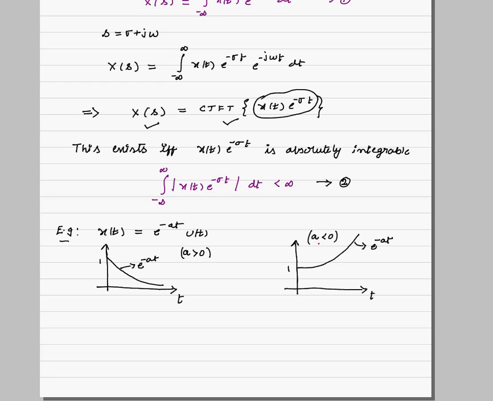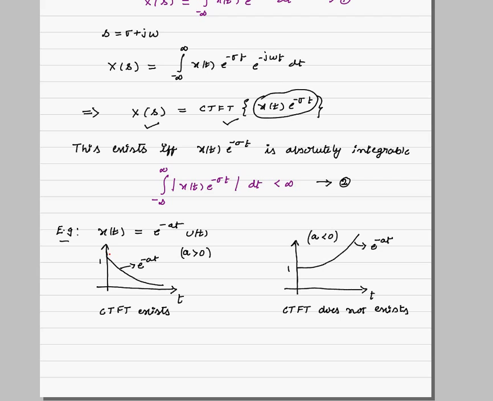With the condition a greater than 0, this signal will have a continuous time Fourier transform, whereas the other does not. That is clear. Why? Because the increasing one is an exponentially increasing function, so it is not absolutely integrable, and hence its Fourier transform does not exist.